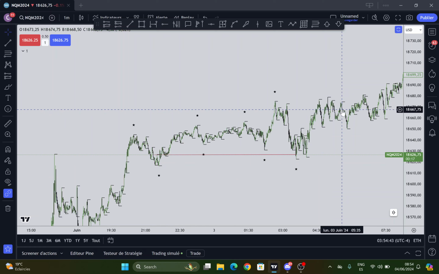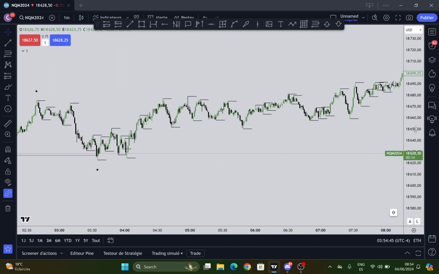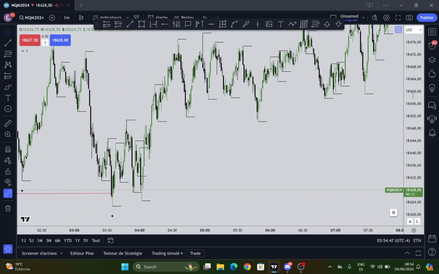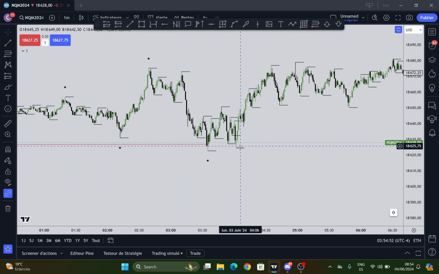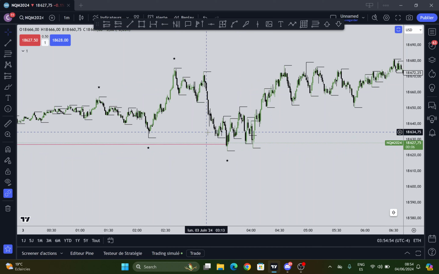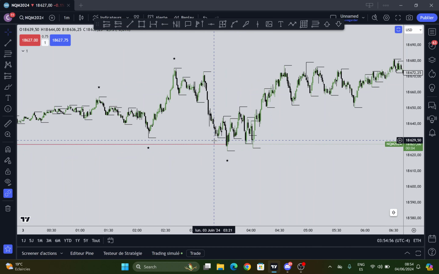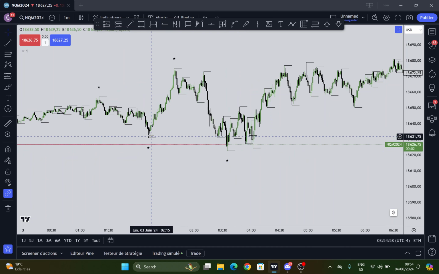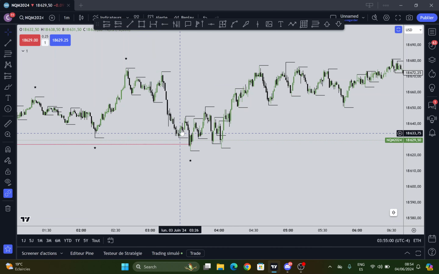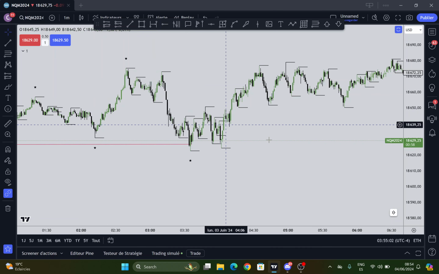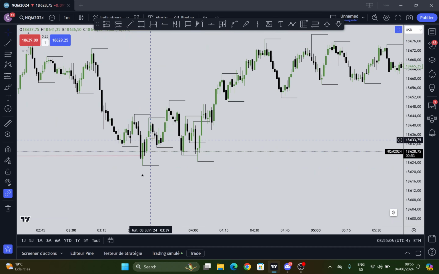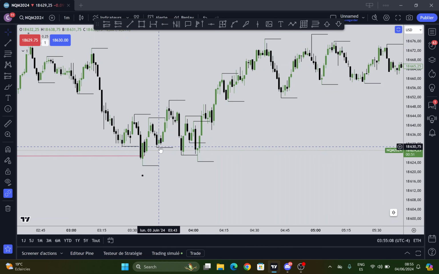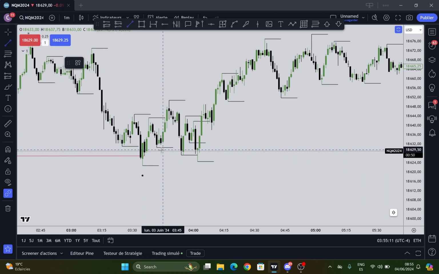And on M1, I was waiting for some structure. So here when we swept the M1 protect low, which was here, we immediately flipped, and this flip had this inducement in it.